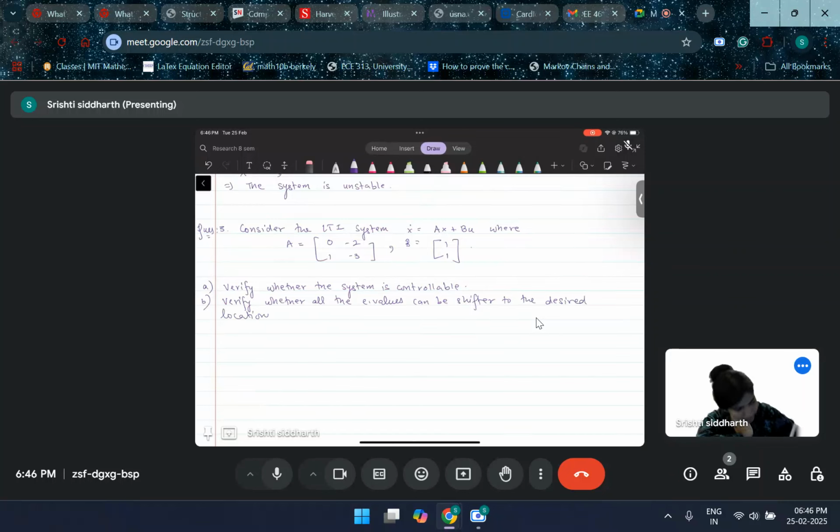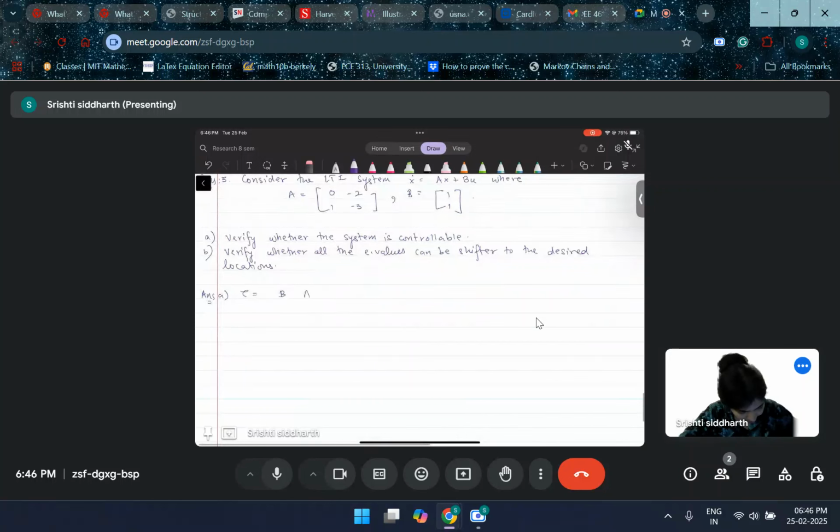So let's first find out whether the system is controllable or not. This is simply the determinant of [B AB]. We have minus 2 and then 1 minus 3.